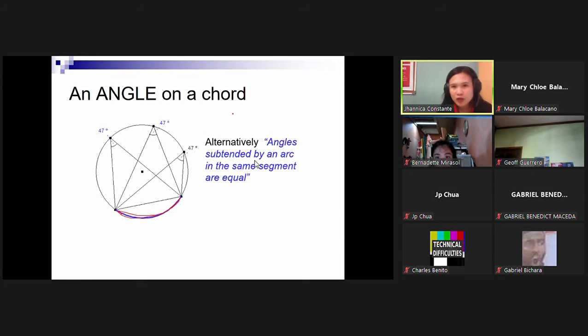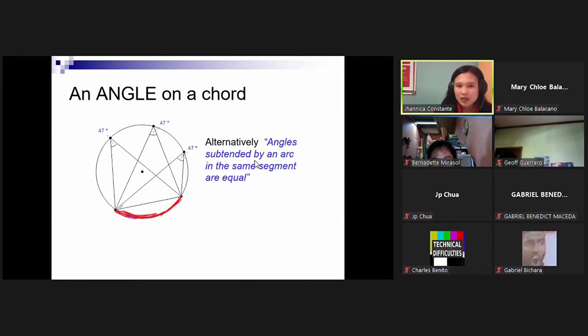Sometimes you cannot see a chord drawn in the circle. So if there is no chord drawn in the circle, look at the arc of the circle. If they are sharing the same arc, that means all of the angles inside are equal.